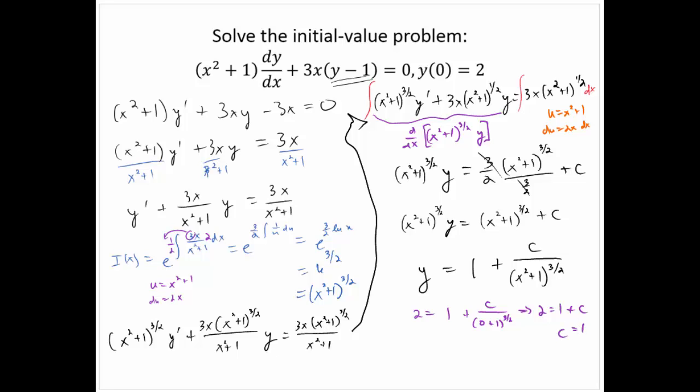And so our solution to the initial value problem is y is equal to 1 plus 1 over x squared plus 1 to the 3/2. I was a little tricky with the actual calculus, but again, the same technique works every single time if we have a first order linear differential equation.